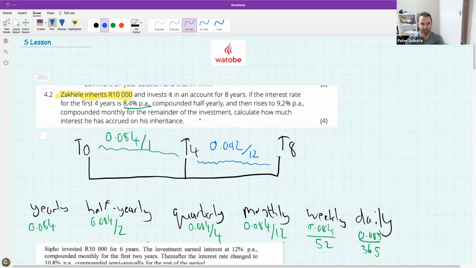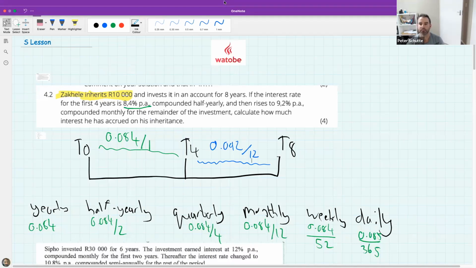Now, this is the important bit of the thing, but there's one thing I've left out. What is the important bit that I've left off my timeline? What's the key piece of information?